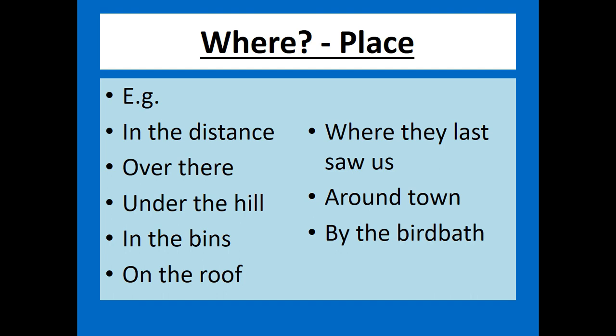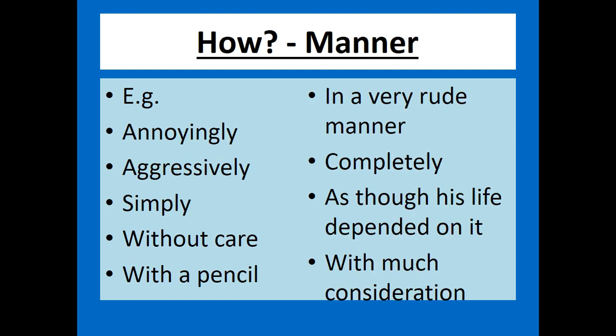Then we have adverbials of place. This tells us where something has happened. In the distance, over there, under the hill, in the bins, on the roof, where they last saw us, around town, by the bird bath. Adverbials of manner. So this is how something is being done or how it happened.